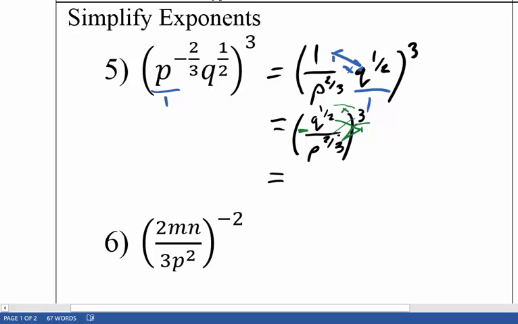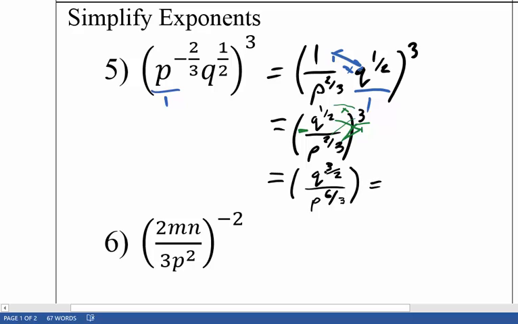Okay, so it's going to become q, 3 times 1 is 3, and then 2 times 1 is just still over 2, and then p, 2 times 3 is 6, I'll put that fraction back in, is 6, and then 3 times 1 is 3.